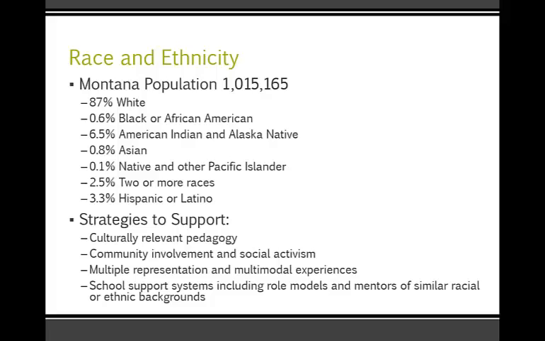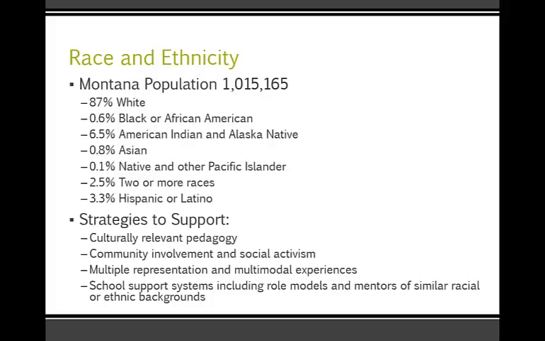And so those two or more races could be a combination of Black and Hispanic, a combination of American Indian and Asian, however those combinations might be, but those are people who report two or more. And then 3.3% Hispanic or Latino. So you can see, in our world, here in Montana, we are primarily and predominantly white.